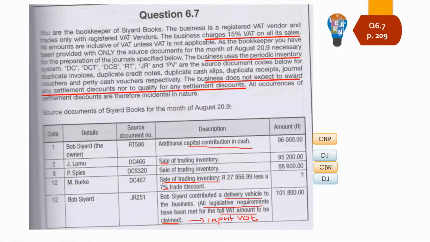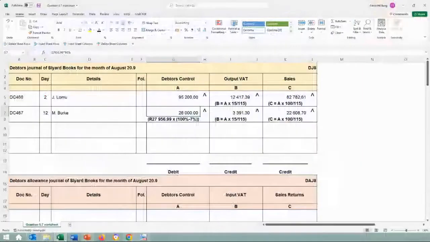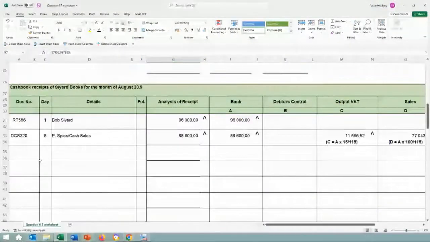Now, because it's not cash, it would not go to the cash book receipts either. And because it's a vehicle, we will bring it in your general journal. So this is one of the ones where instead of the cash book receipts, we're taking it to the general journal. So let's go see how we actually enter that transaction in the general journal.